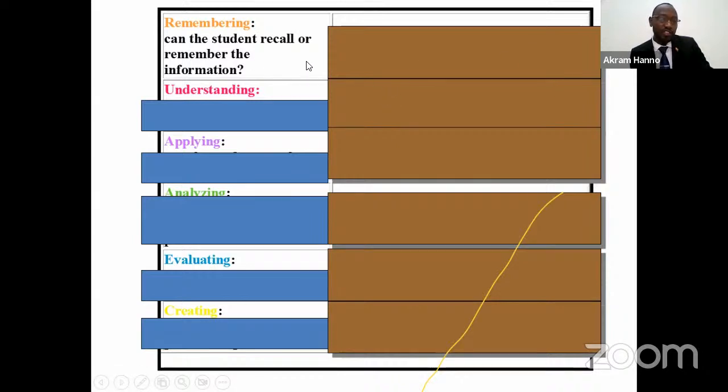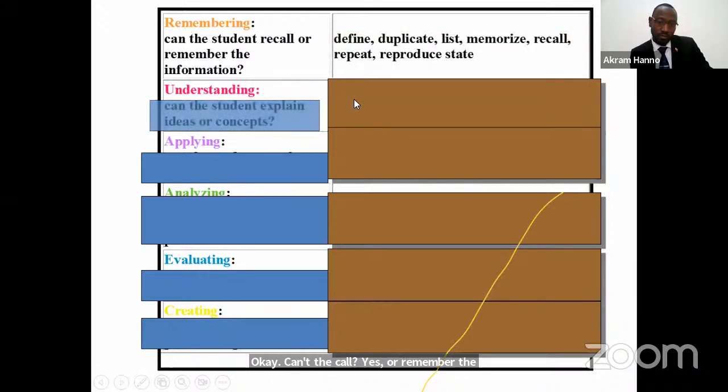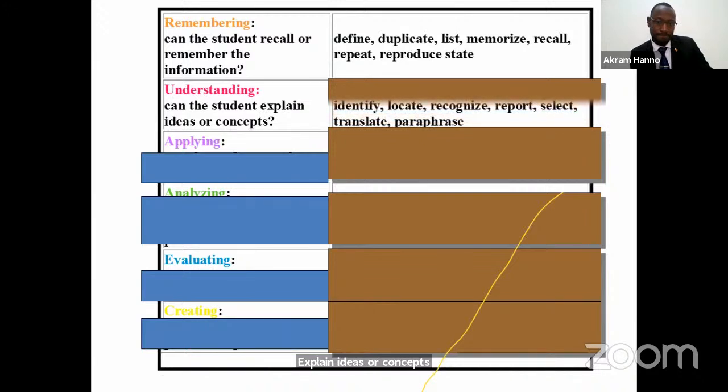Can the student recall or remember the information? Can the student explain ideas or concepts? Classify.